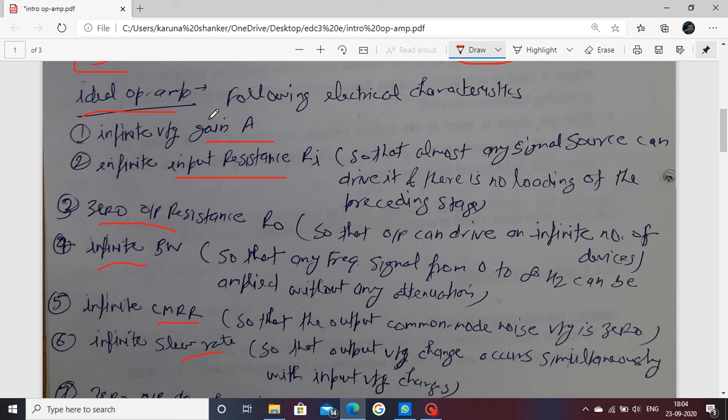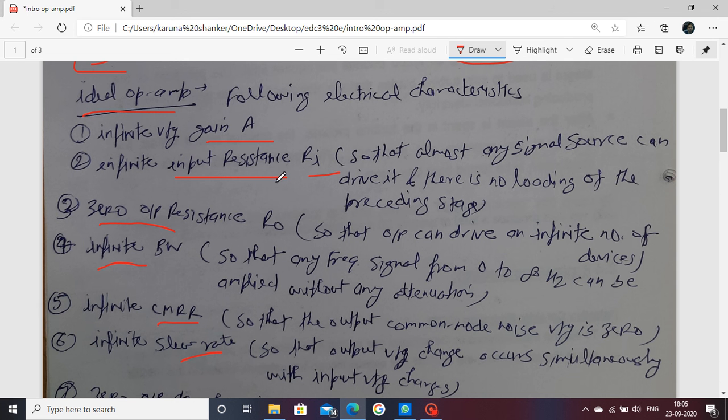Here, the ideal op-amp means infinite voltage gain. Second is your infinite input resistance. Ri represents your infinite input resistance. What is the purpose of this if infinite input resistance is present in your op-amp? If infinite input resistance is present, almost any signal can be driven. There is no loading effect on the preceding stage.